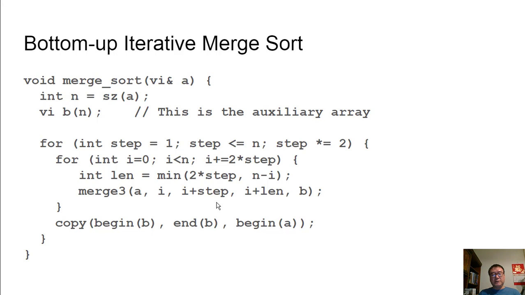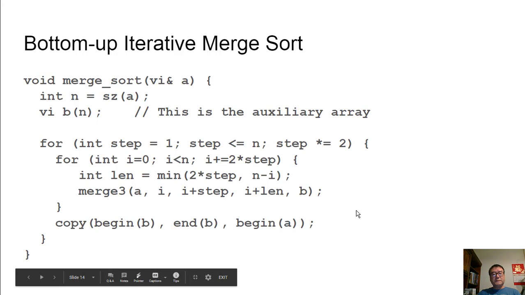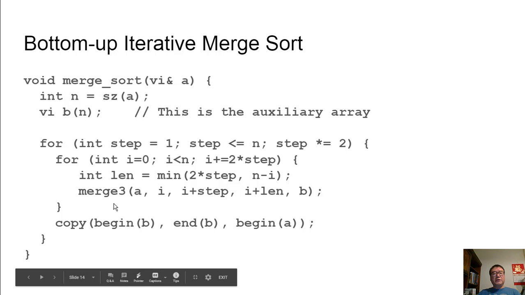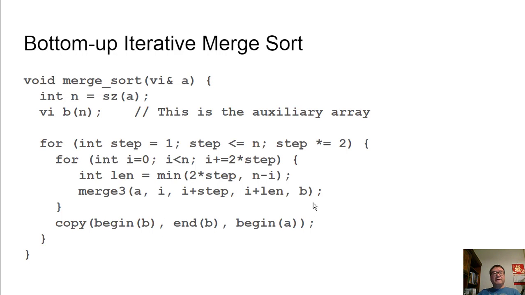So we are essentially merging 2 segments, each of size step, from A to B. And after we do this, because every time we are merging from A to B, and we start from A, we need to copy the sorted part, we need to copy B into A again. So in this implementation, at every level we actually do a linear cost copy.